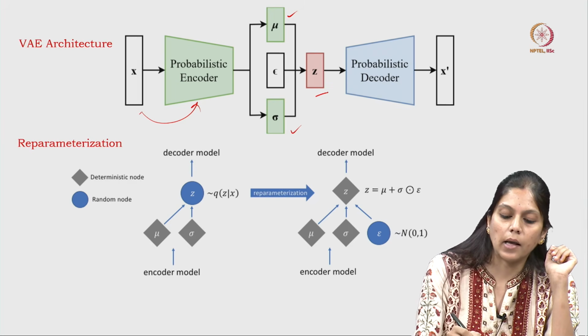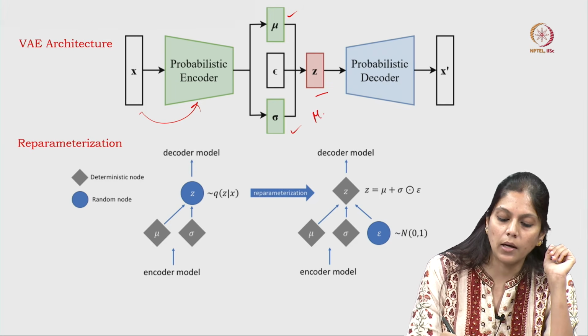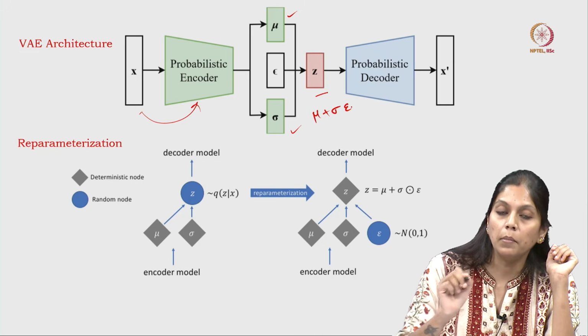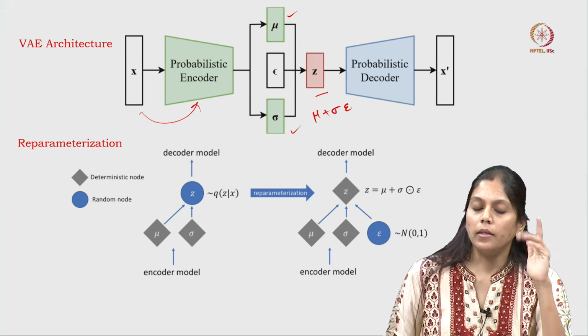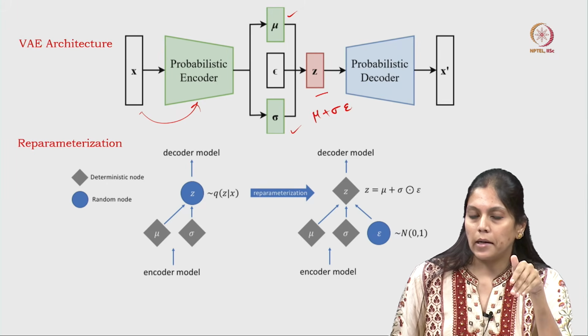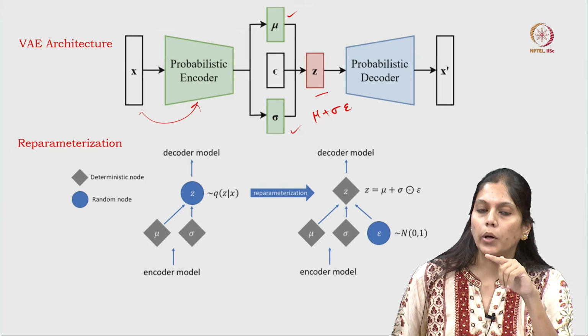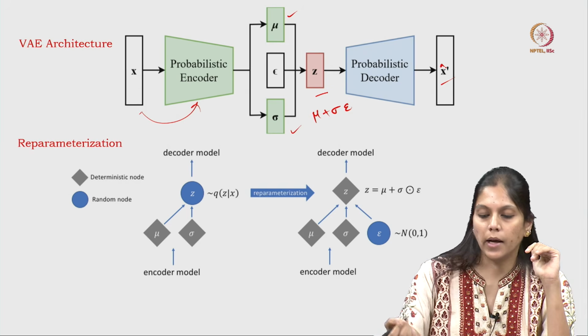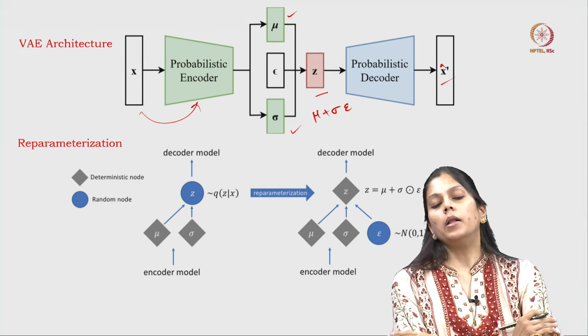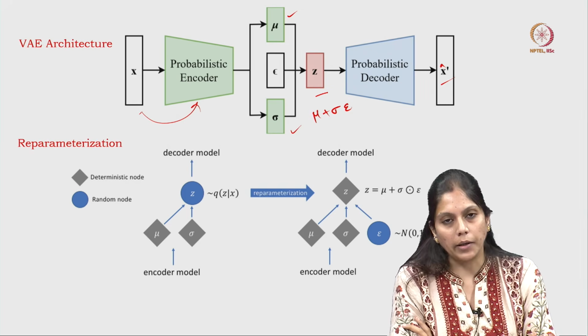Z is sampled using this mean and this term, and we are using a term epsilon. Epsilon is also being added. Once you get Z, Z is then passed to a decoder, and the decoder gives us the output, X hat or X dash. This is the overall architecture.